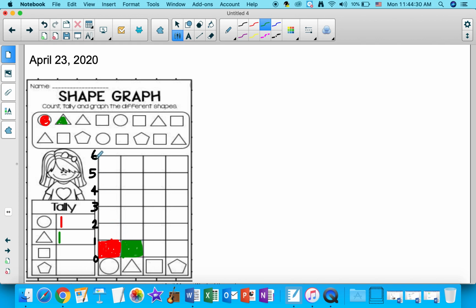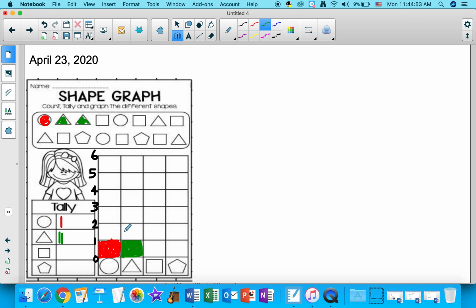Okay. Oh, and look at that. I have another triangle, so I'm gonna just color this in just to show that I've counted this triangle already. So I have 1 more triangle. So here goes another tally mark. And I have 1 more triangle, so I'm going to be coloring in another box right here.